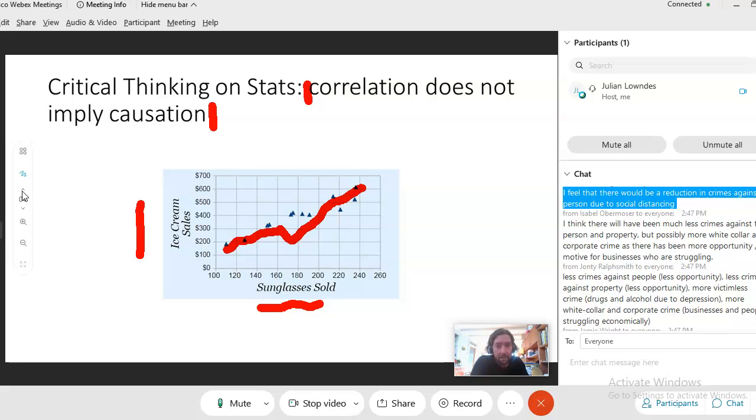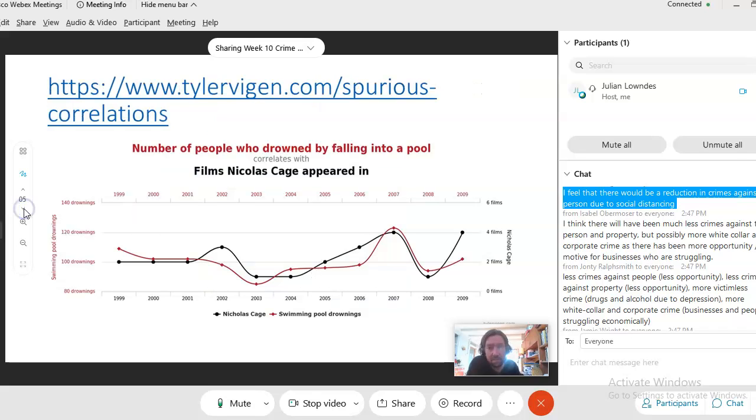Sometimes there can be correlations between particular social phenomena, like sunglasses sold and ice cream sales, but to jump to conclusions to say that one is causing the other could be a logical fallacy of some sort. It could be faulty reasoning. So we just need to bear this in mind when approaching statistics.